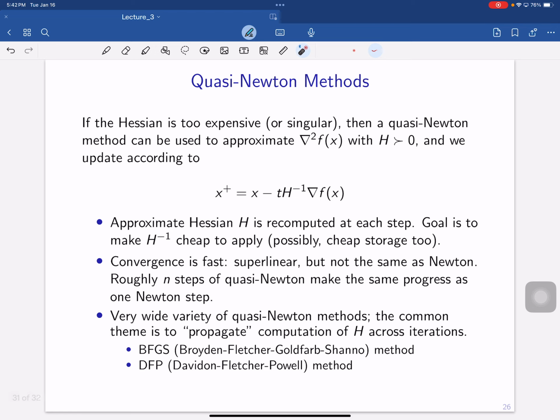So having said that, there is another line of research. It is still a very active research area where people are trying to develop something called quasi-Newton methods. The idea is that instead of exactly calculating the Hessian matrix, we use some approximation of the Hessian matrix, but it's better than the identity matrix.